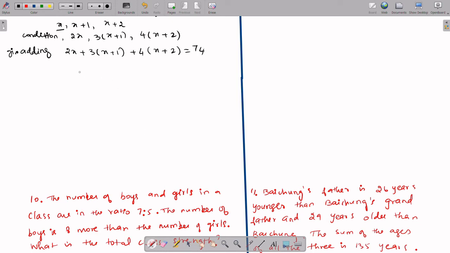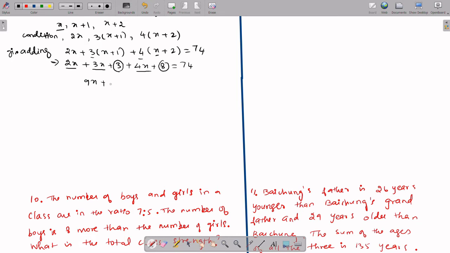That implies 2x plus, taking 3 inside, 3x plus 3 into 1 is 3, plus 4 taken inside, 4 into x is 4x, plus 4 into 2 is 8, is equal to 74. Add the x terms together: 2x plus 3x is 5x, 5x plus 4x is 9x, and 3 plus 8 is 11.